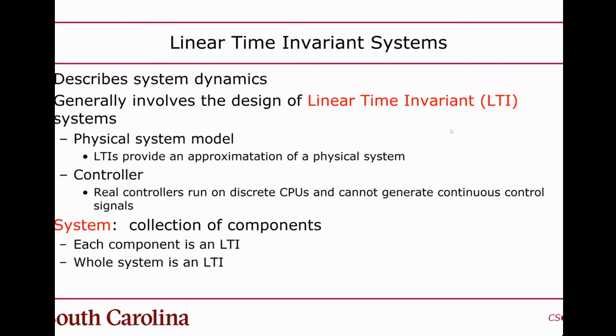And as it turns out, no physical system in real life is linear. In fact, everything is nonlinear. And so a linear time invariant system is by definition an approximation of a physical model of something.